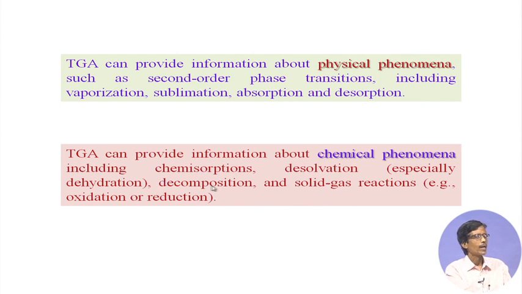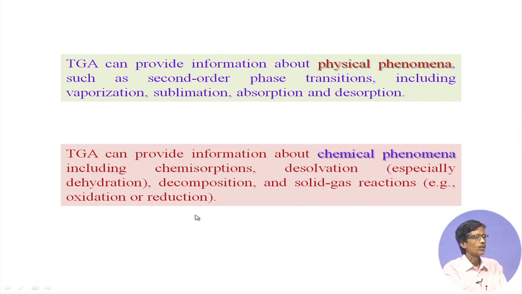Then the organic compounds, as we know, or inorganic salts can undergo decomposition, and interestingly some solids can go for some solid-gas reactions, because we all know that the solids are reacting with some solutions, or solubilizing in water, but directly we see some reaction with the gas molecules.